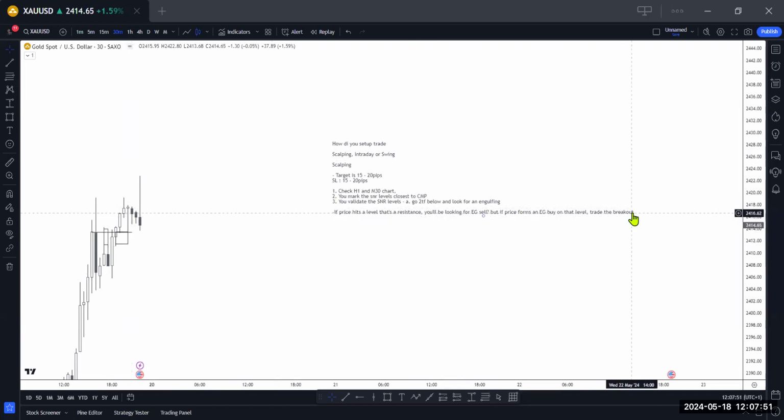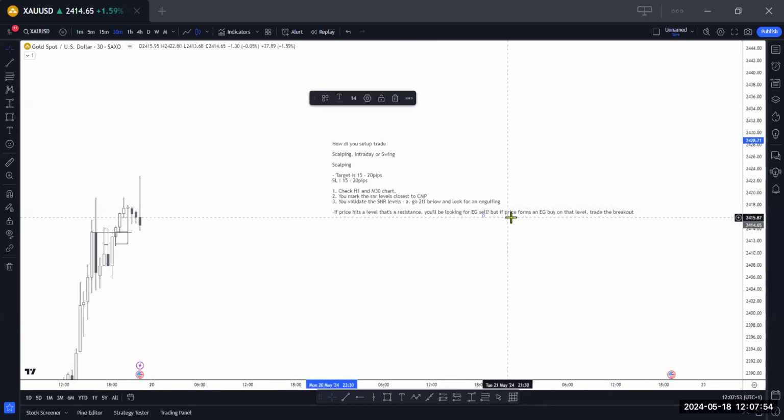Okay. So let me continue writing what I was writing. So if price hits a level that's a support level, you'll be looking for EG buy 2 time frames below.